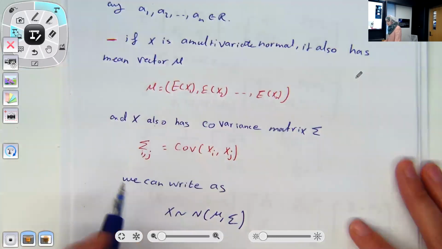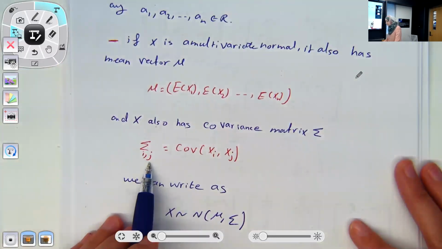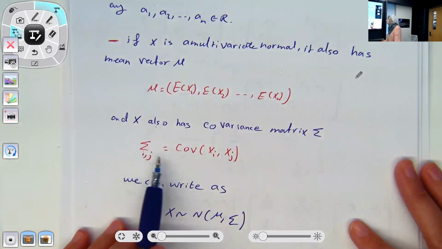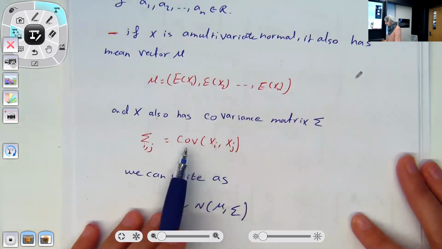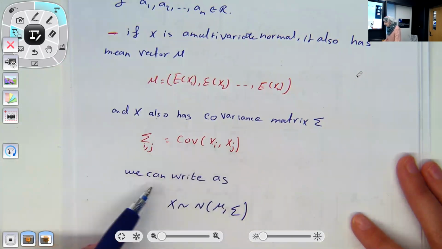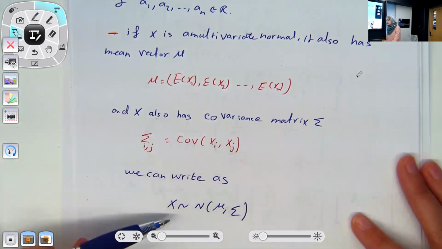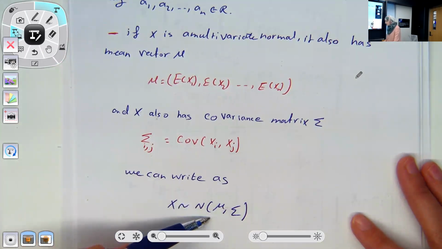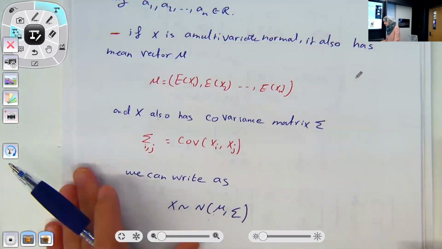This is sigma for i and j, a matrix, and the value of sigma ij always equals the covariance between xi and xj. We can write it as: x is a normal distribution with mean mu and sigma, which is the covariance matrix.